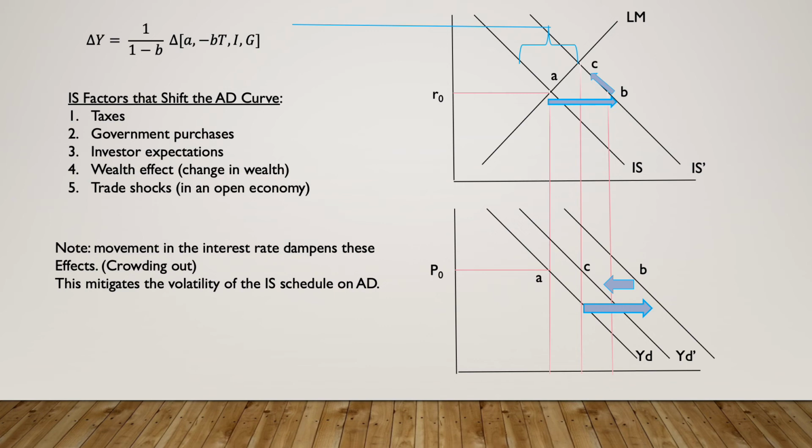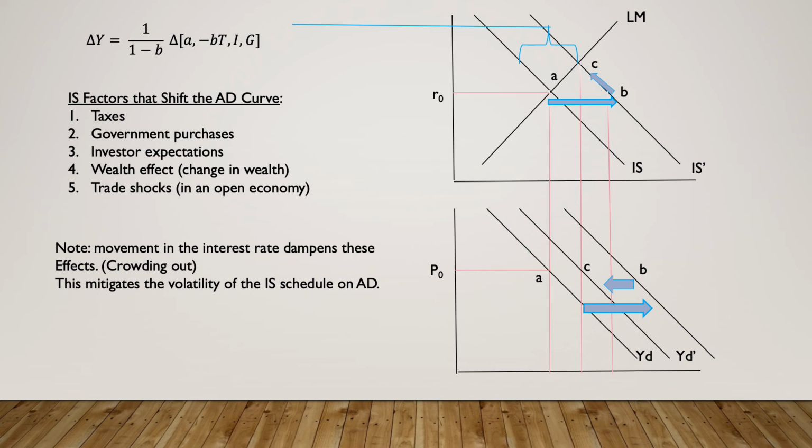Now, visually up there in the top panel, you can just flatten out that LM curve, and then you see that as you flatten out that LM curve, the point C starts falling closer and closer to point B. And this is, of course, the way Keynesians saw the economy. If you're a classical and you're looking at the economy, the LM curve is very, very steep. So just put a bolt right there through point A and start torquing the LM curve in a counterclockwise direction, making it more and more steep.